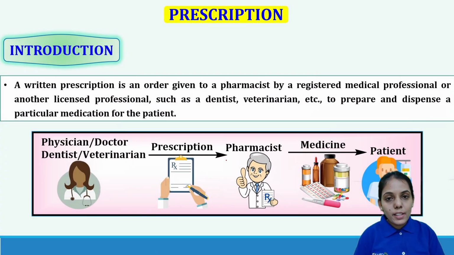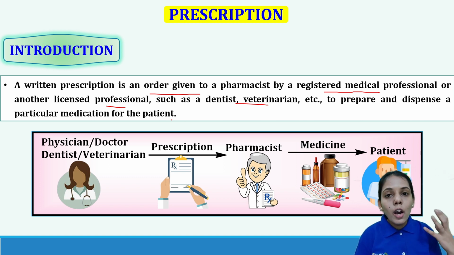So basically prescription is nothing but an order given to a pharmacist by a physician. Whenever a patient comes to the physician, he will diagnose what has happened and he will write it down. So it is a written order by a physician, an RMP, that is a registered medical practitioner, or another licensed professional such as a dentist or veterinarian, to the pharmacist, to prepare and dispense particular medication for the patient.